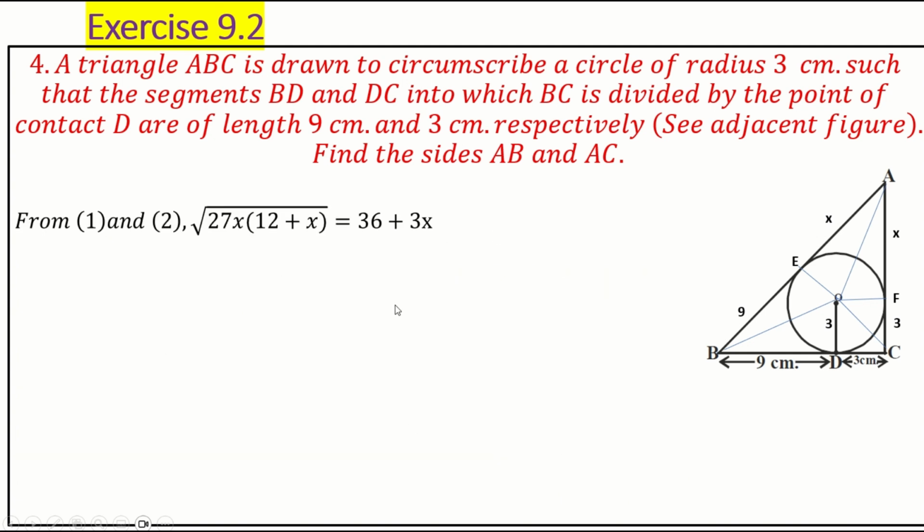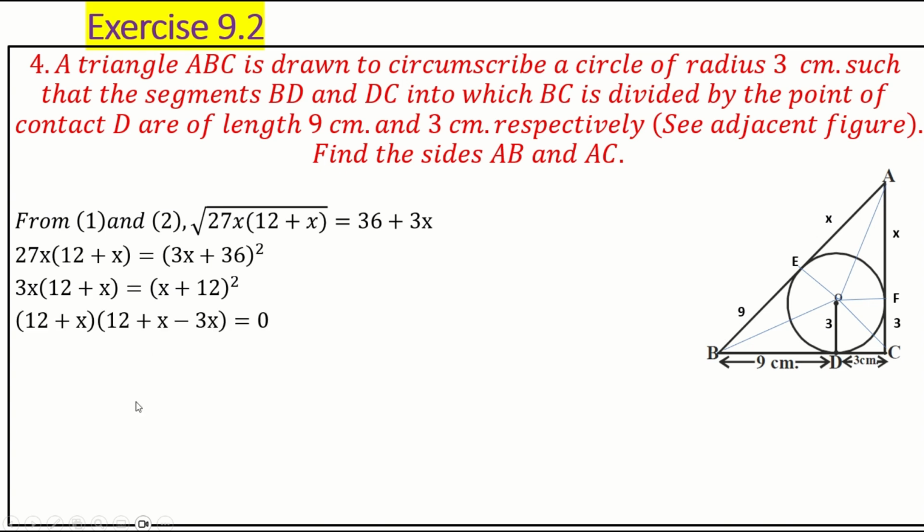Now these two are equated, right? Once you equate them, we know that 27 into 12 plus x equals 3x plus 36 whole square. Now take the 9 out, basically. If you take 3 square out, 9, and divide, you will get 3 times this one. So this is the final equation.